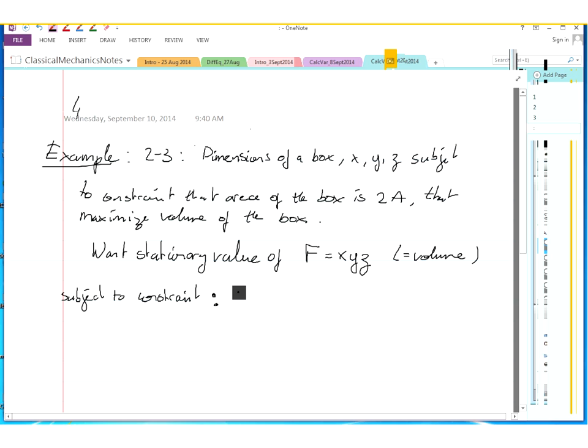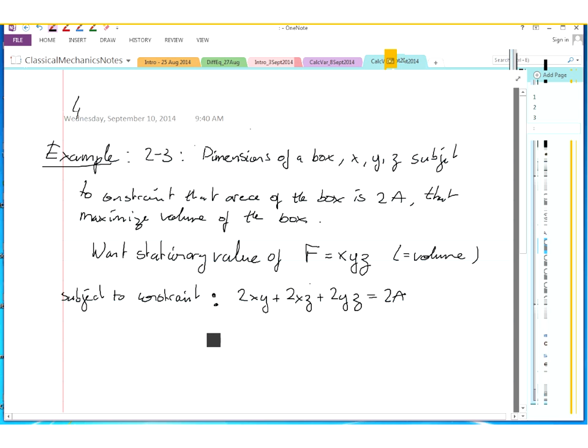So the constraint is that we have 2 times xy, so the area of the box, right, plus, let's do it in the same order, 2 times xz plus 2 times yz equal 2a. Right, so I said the area of the box has to be 2a. It was a little bit arbitrary that you just put the number 2 in there for no reason, but now you see why I put the number 2 in there.